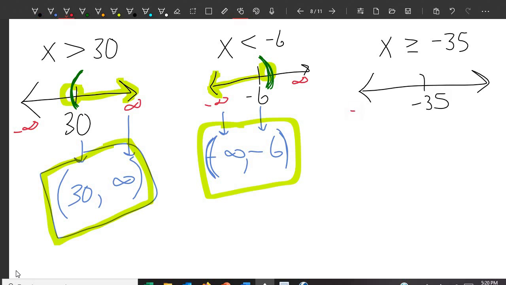Label your infinity symbols. Now, greater than or equal to shades to the right. Now it's got the line underneath, so this would be that closed circle. But now the closed circle is represented by the bracket.